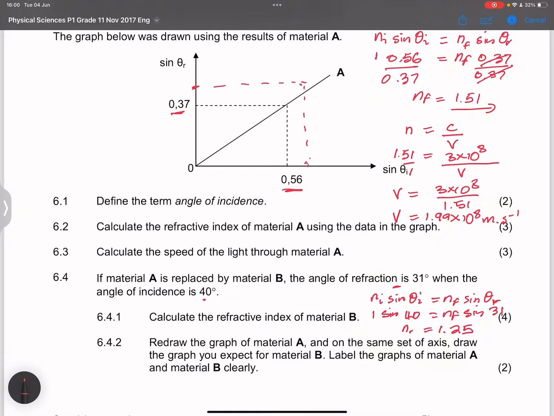Which means graph B would have a much steeper gradient than graph A. So there are our two graphs. So this would clearly be graph B. Of course, I already have graph A, but in your case, you would have to draw it. So this is what it would look like.